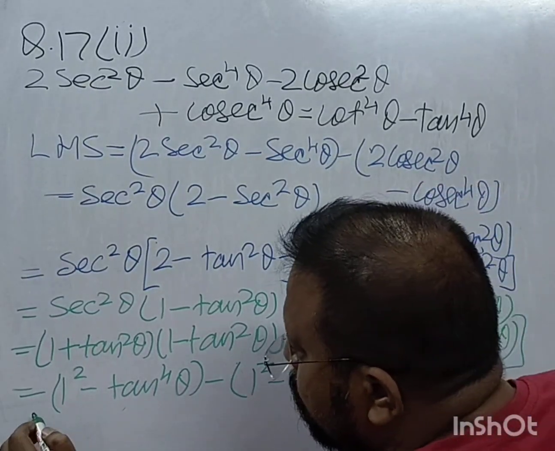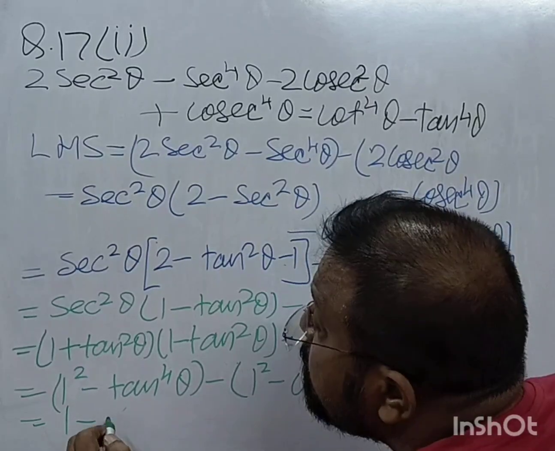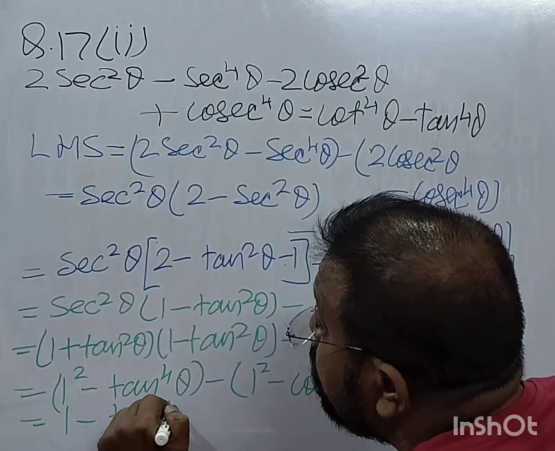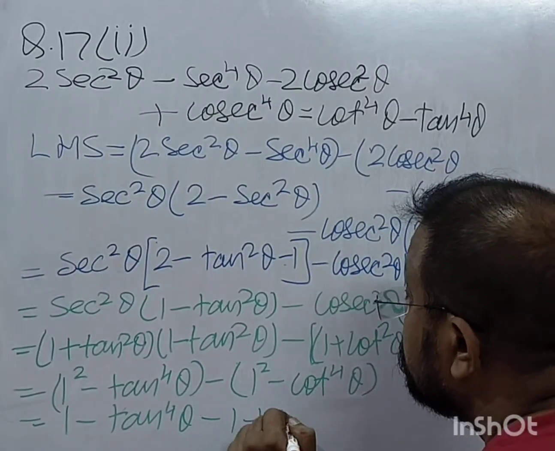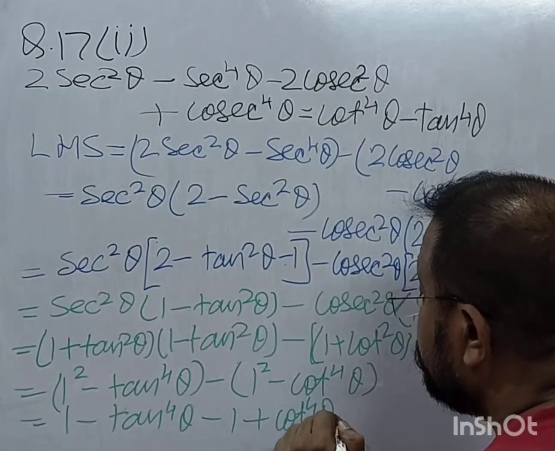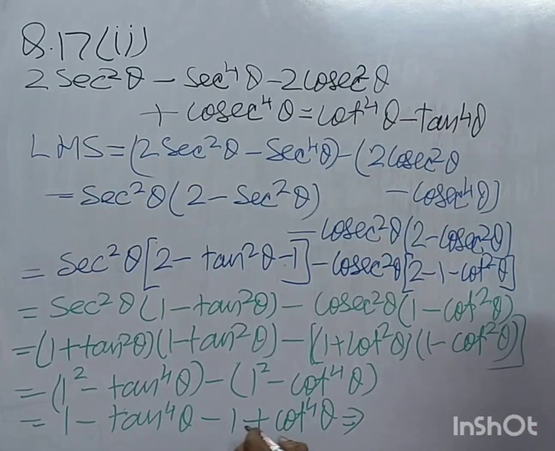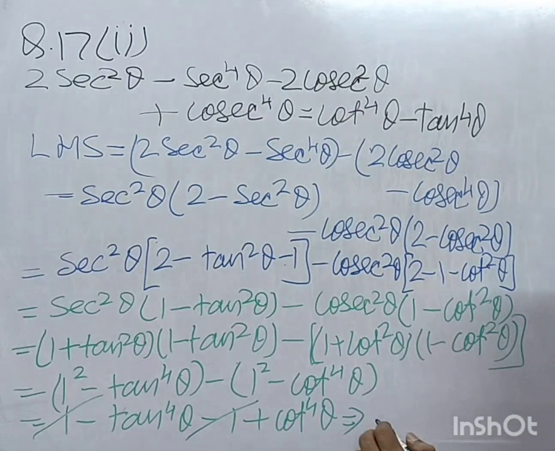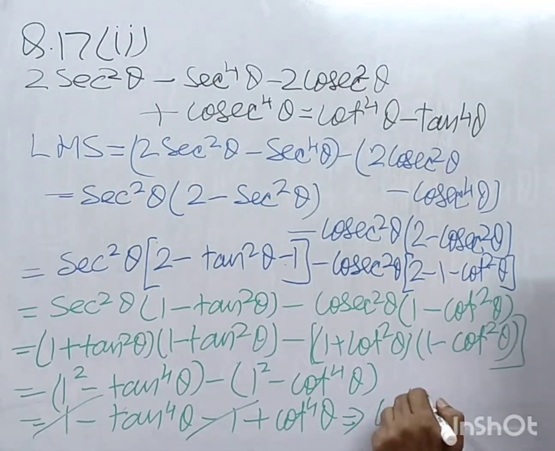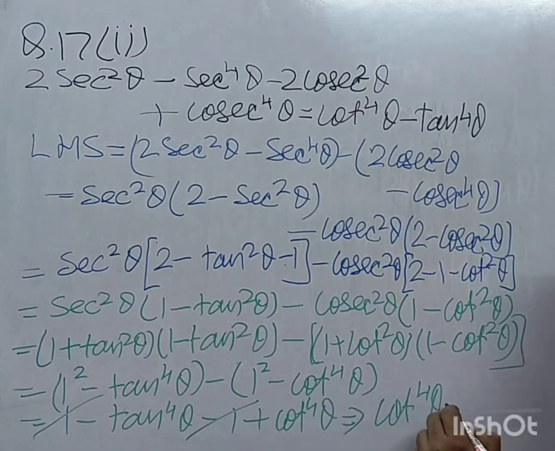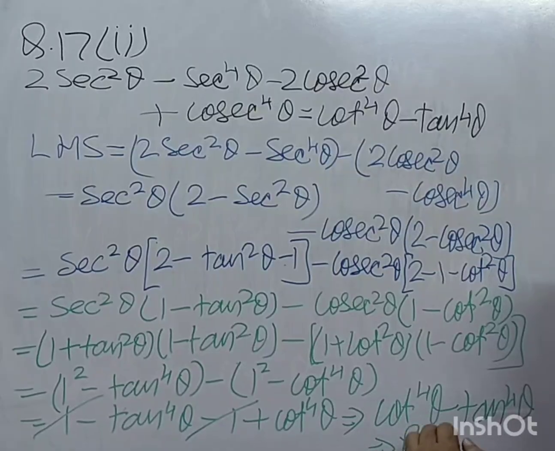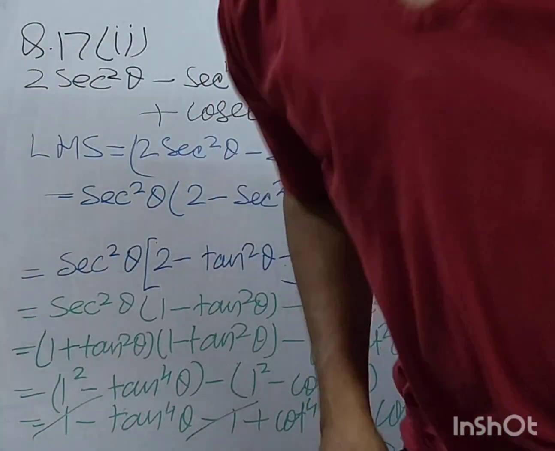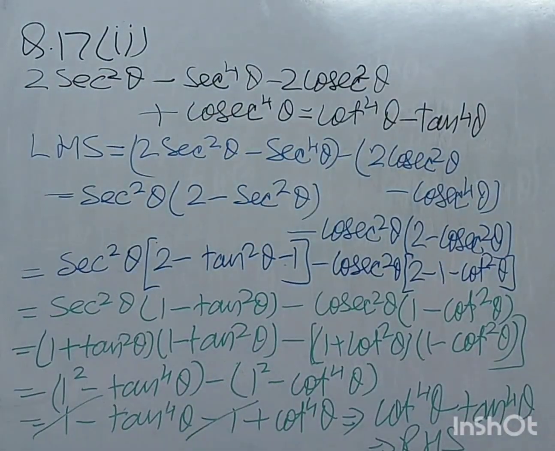When you open the bracket, what happens? 1 minus tan raised to the power 4 theta minus 1 plus cot raised to the power 4 theta. This plus and minus is gone and you get cot raised to the power 4 theta minus tan raised to the power 4 theta. It is equal to RHS. You done this?